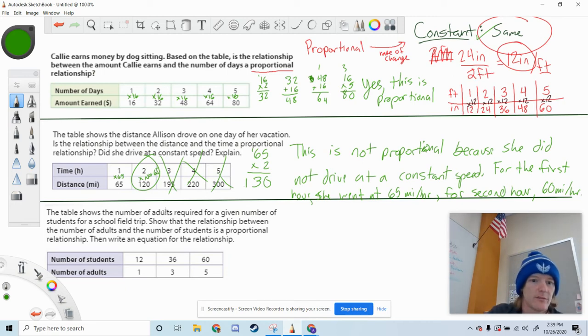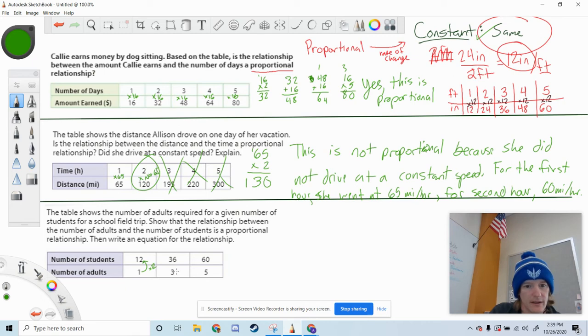The table shows the number of adults required for a given number of students for a field trip. Show that the relationship between the number of adults and the number of students is a proportional relationship. Then write an equation for their relationship. So let's see. Students to adults. Now I can see that I'm multiplying here by 12.